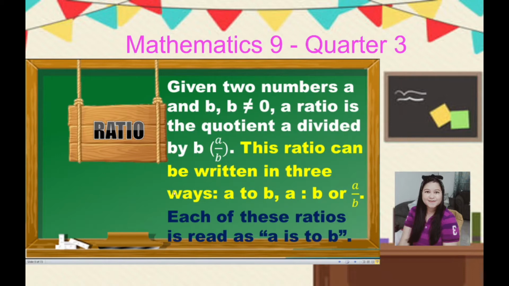So, ang ratio daw ay pwedeng isulat sa tatlong paraan. Una, ay yung A to B. Pangalawa, yung A na may colon sa gitna, A colon B. Or, pwede din yung kamukha kanina, yung fraction A over B. And this ratio is read as A is to B. So, yung tatlong paraan na yan, ang basa pa rin ay A is to B.